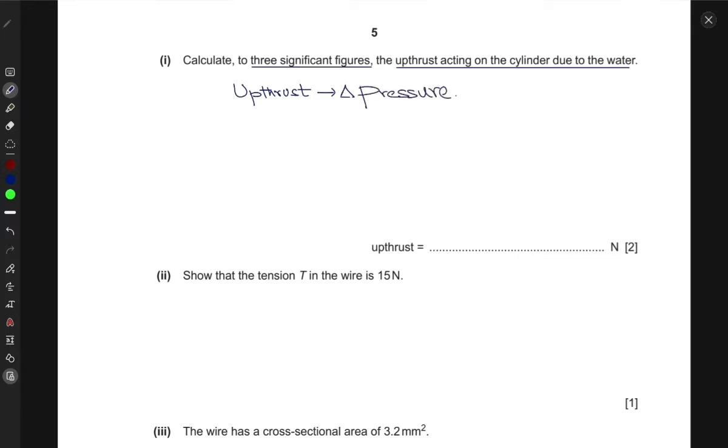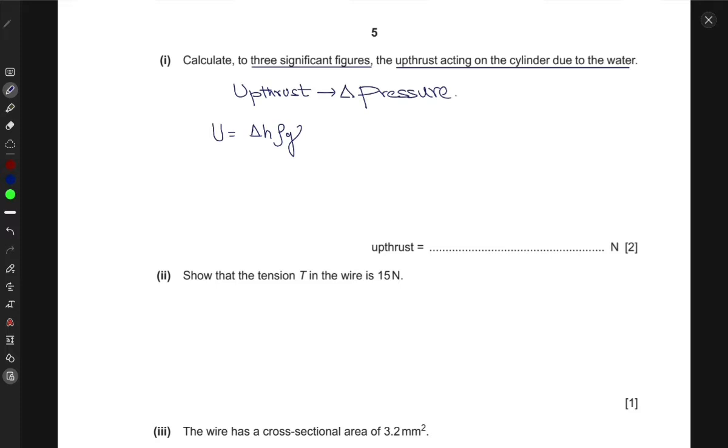So then it's pretty straightforward to compute this result by writing down the equation for a submerged object: change in height times the density of the water times the acceleration due to gravity.